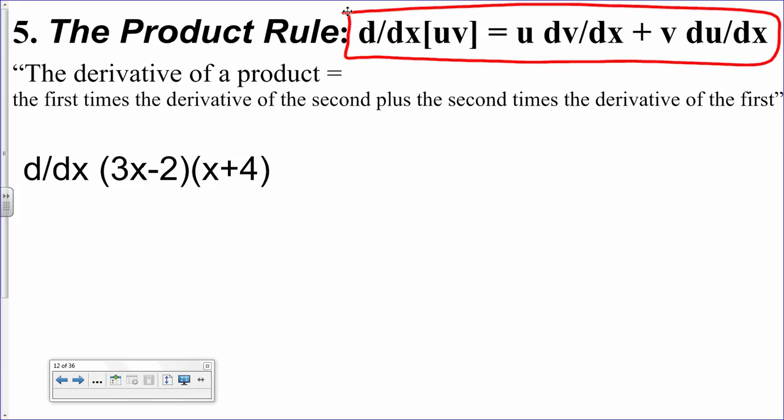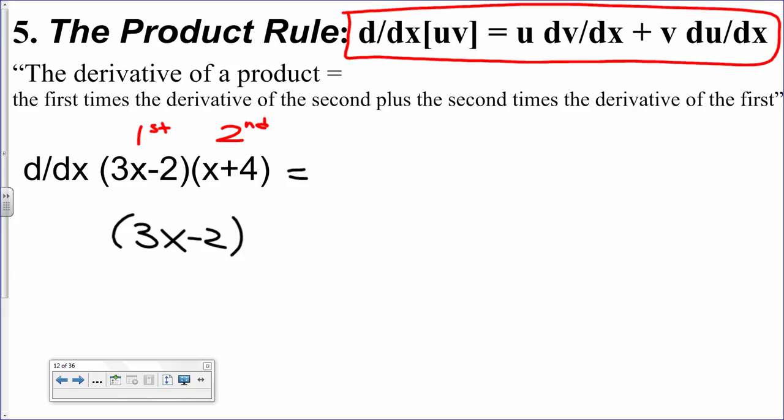So let's take the derivative of this product. The first is the 3x minus 2, and the second will be the x plus 4. So I'll write it down here. How do we start that again? First, what's the first? 3x minus 2 times the derivative of the second.